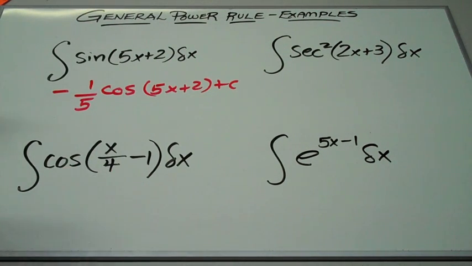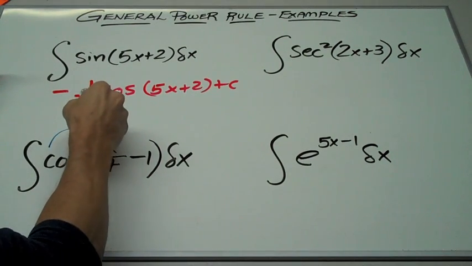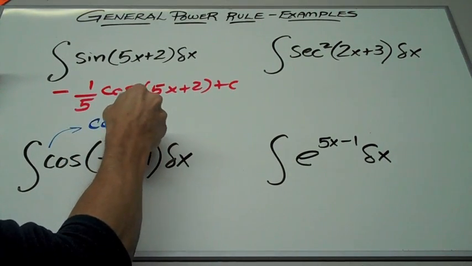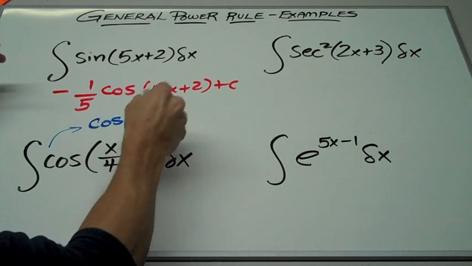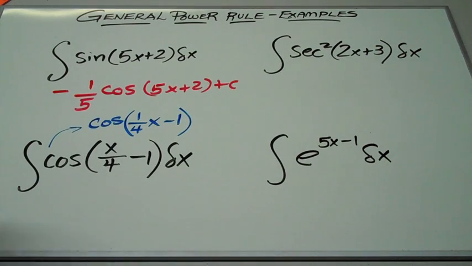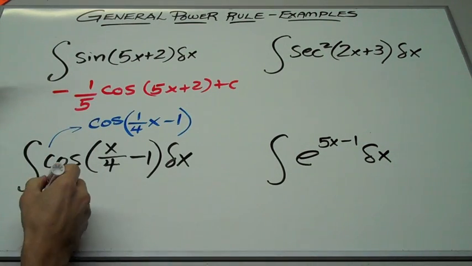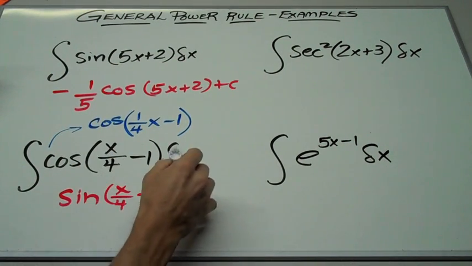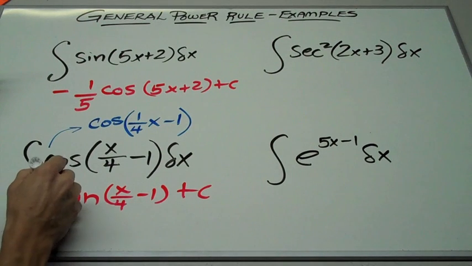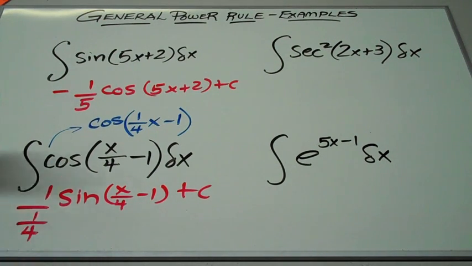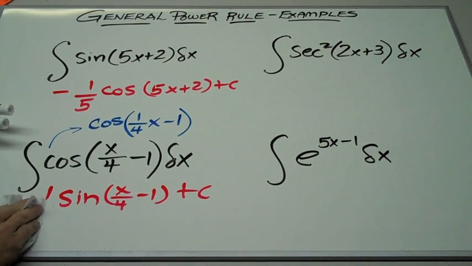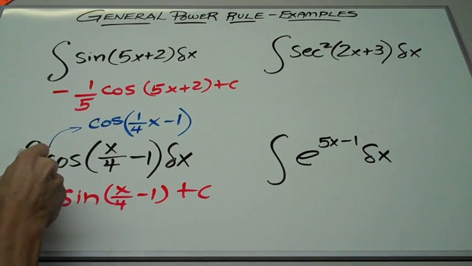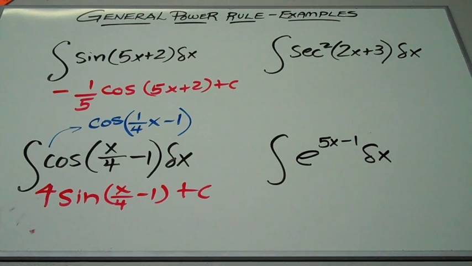Here you could recognize that cosine(x/4 - 1) could be written as cosine(1/4 x - 1). Once you see that, it becomes clear that this should be sine(x/4 - 1) plus c divided by 1/4, which is the same as saying times 4 out in front.